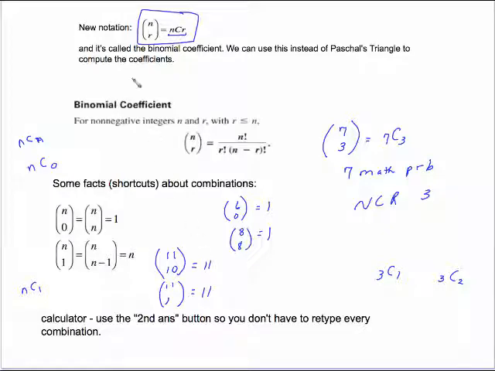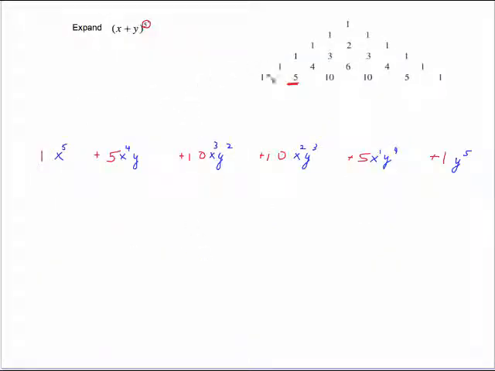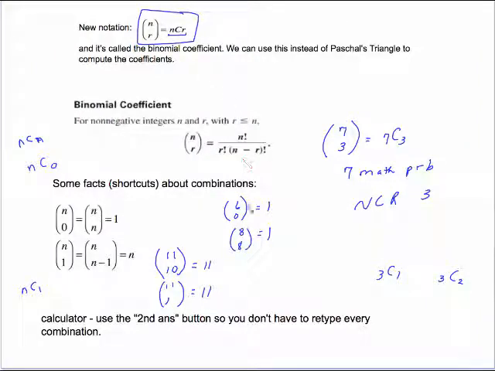And that is the same thing I was saying to you back here with Pascal's triangle: the second term coefficient is equal to the second-to-last term coefficient, and the third term coefficient is equal to the third-to-last coefficient. So when you have the calculator, if you need to evaluate a lot of these, you can keep using the second answer button, and that brings up the nCr that you had just done.